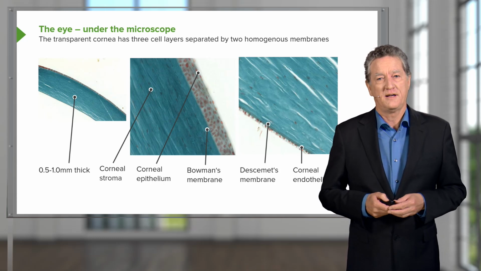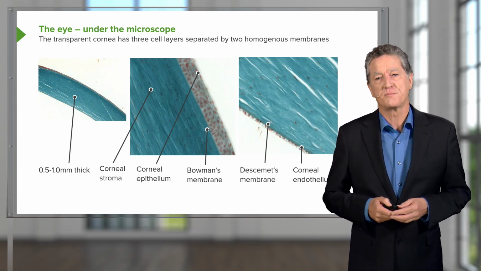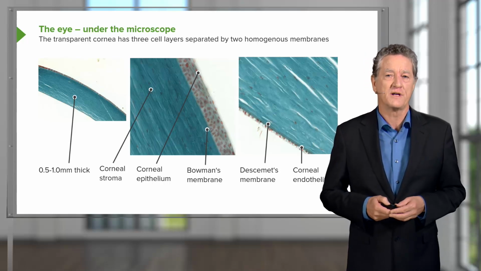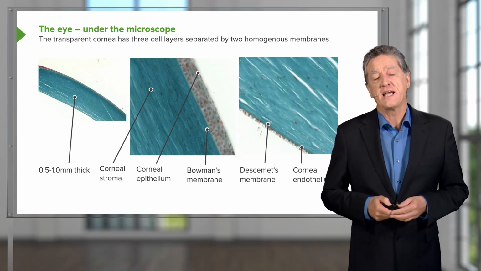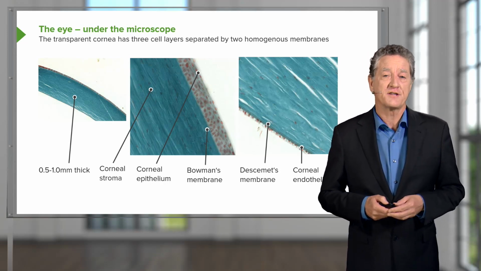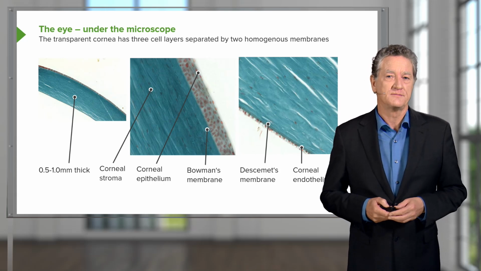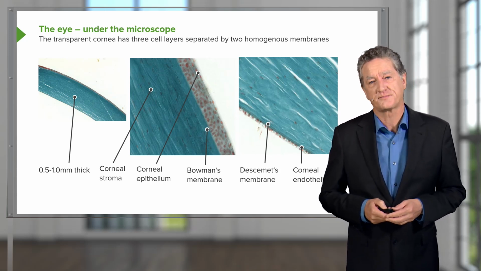It's separated from the vascular system of the body, and therefore it can be used as a donation, corneal transplants. It doesn't suffer from any immunological attack, and that's why it can be easily donated and transferred from one person to another for a person who is in need of a corneal transplant.